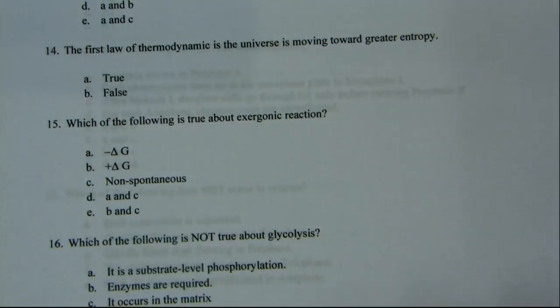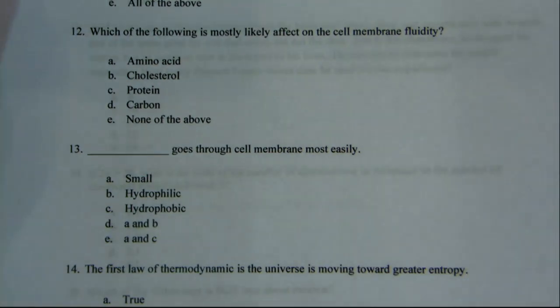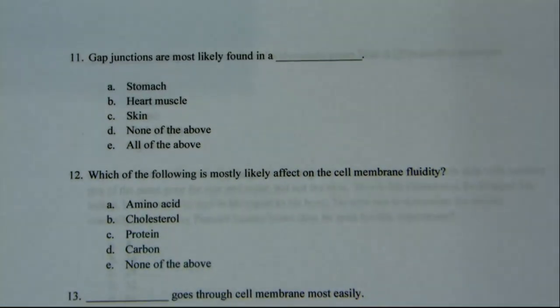So now, 11, we have gap junction are most likely found in what? So if we look at three different type of cell junction, right? We have tight junction, we have gap junction, and the anchoring junction or desmosome.